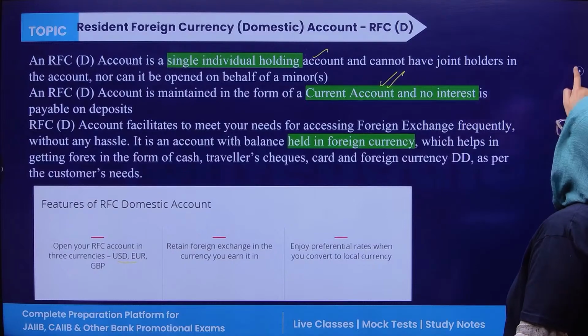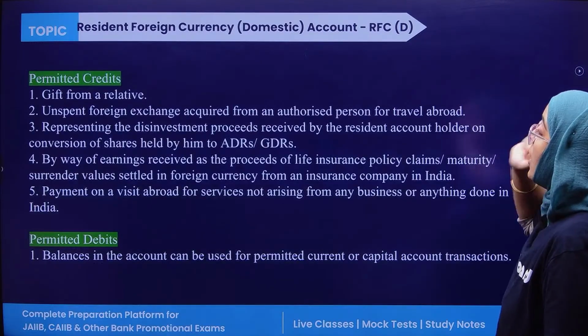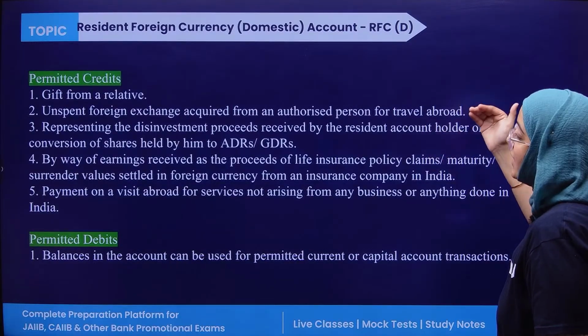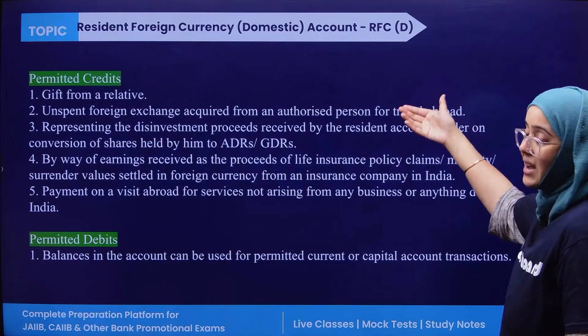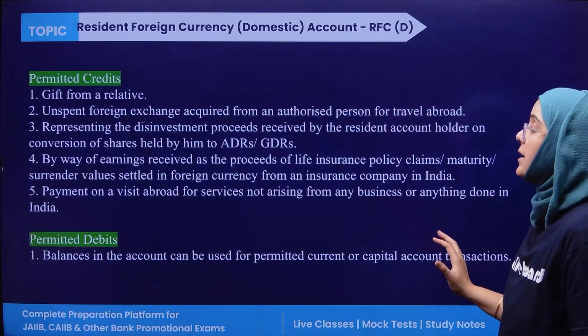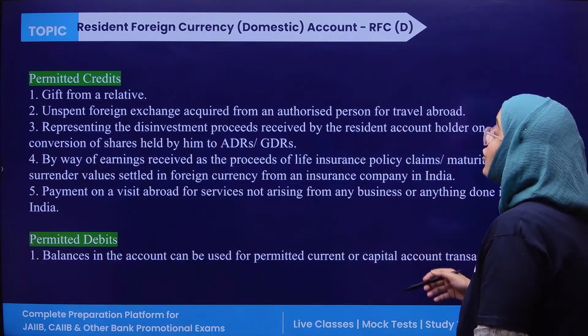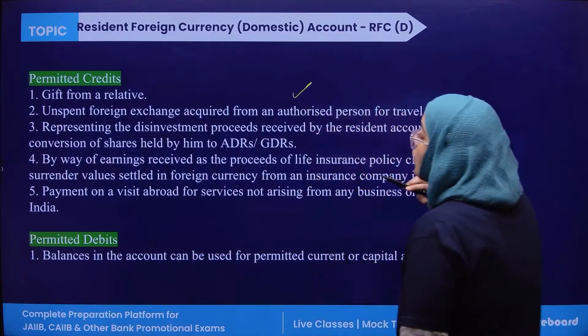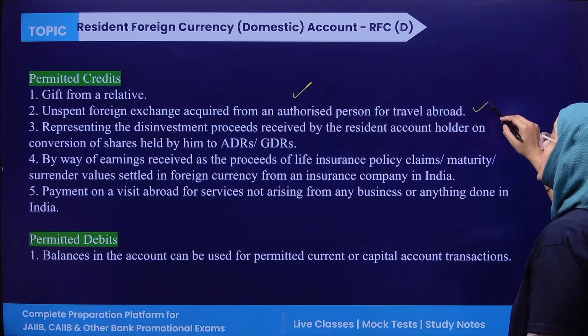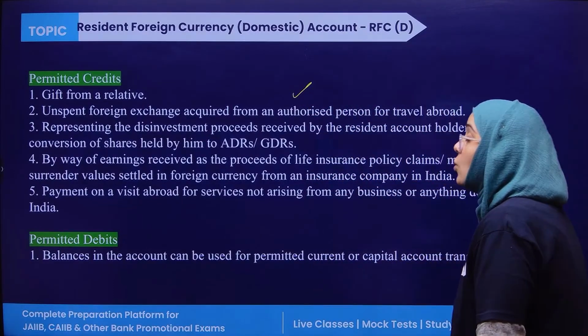Next are the permitted credits and debits. There are some definite permitted credits. For example, credits are if you have received a gift from relatives, or if you have unspent foreign exchange that you now have to transfer to India.